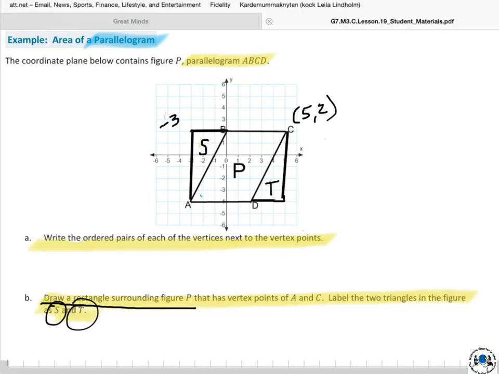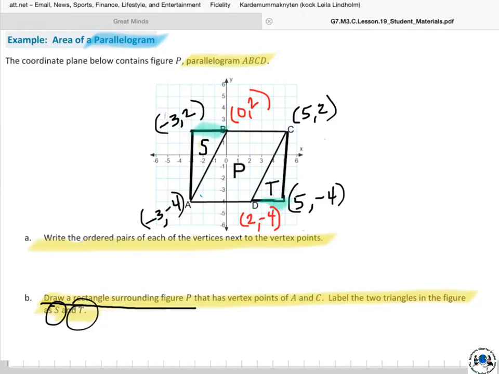All right, step number 1 is to plot those vertices to know where they are, and we're going to need a few more as well, because we need the bases of these two triangles.